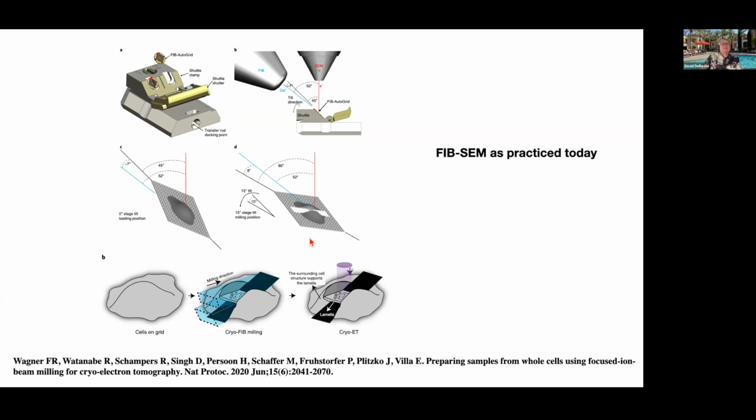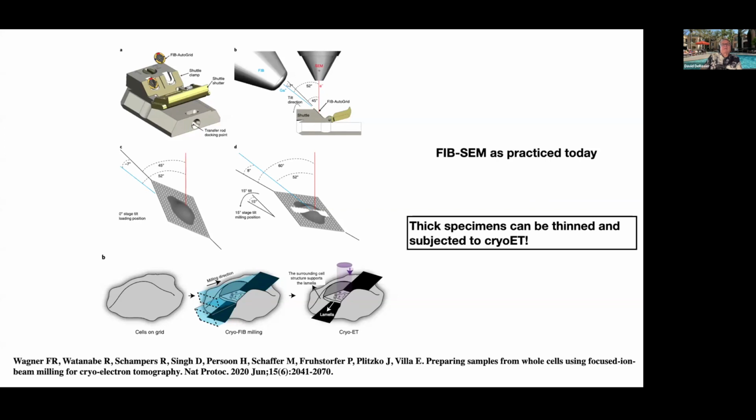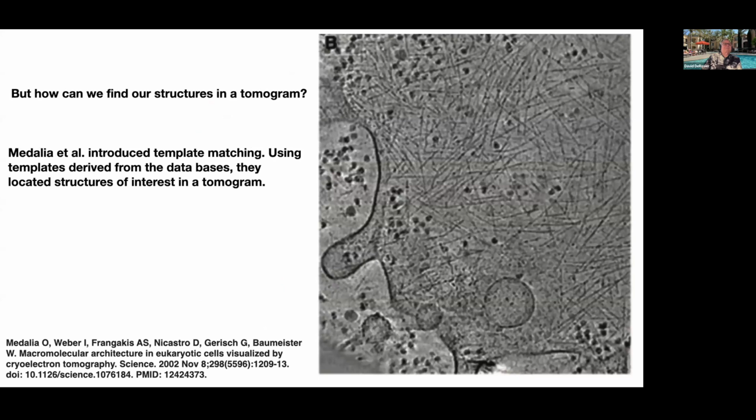This is thin enough, maybe a quarter of a micron, 250 nanometers, and you can then tilt it about this axis and collect a tomogram. So now you were freed to look at the interiors of cells.